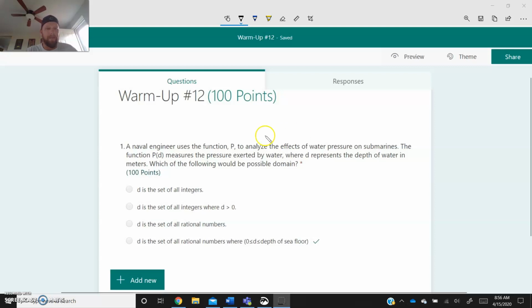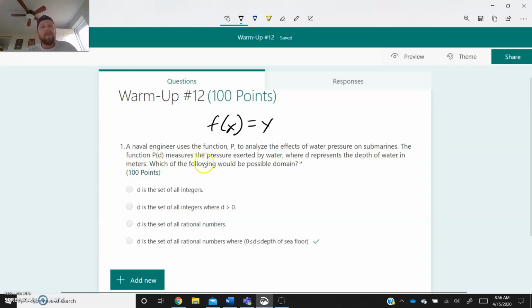All right, let's work through this problem. A naval engineer uses the function P to analyze the effects of water pressure on submarines. This is just a terribly worded problem. The function P of D. Remember, P of D looks an awful lot like f of x, and f of x represents y.